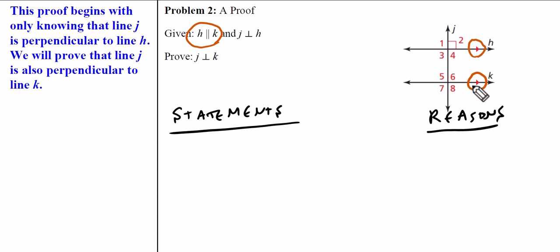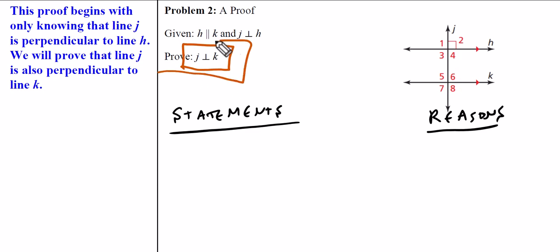So we can assume confidently and know that H is parallel to K. We've also been given that J is perpendicular to H, and we see that square right there indicating that. You will note that it was not labeled like that down here, so you don't see a square here, or here, or here, or here, because that was not given. That is what we're going to prove.